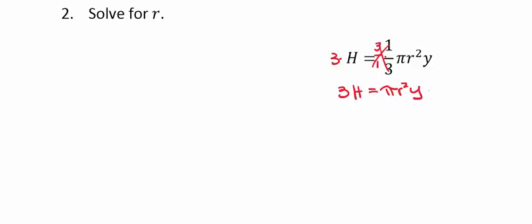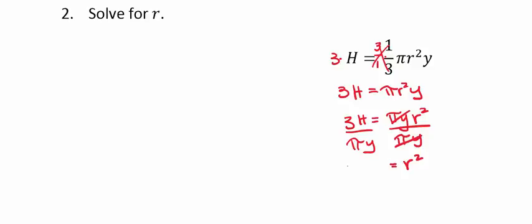And now, again, I'm solving for r. I can rearrange the order here: pi y r squared. It still will give us the same answer. And I'm going to divide by pi y on both sides. So the pi y's will divide out or cancel. It leaves me with r squared equals 3h divided by pi y.